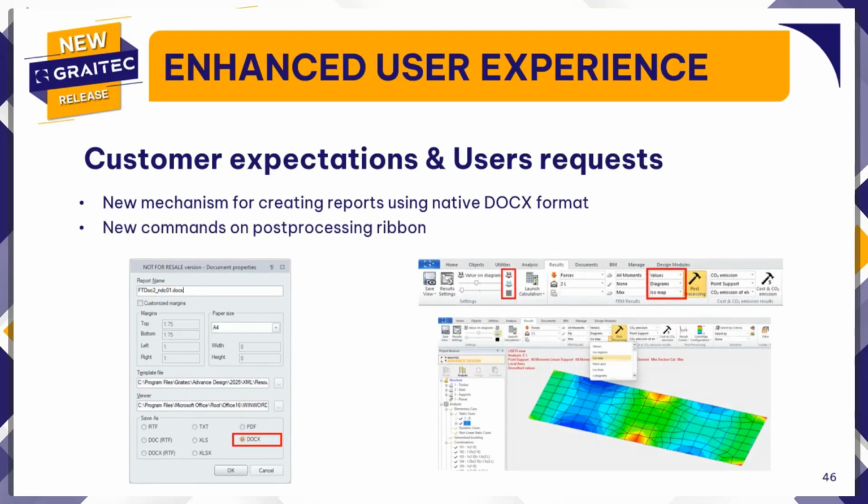The next option: starting with this release, we can easily access from the ribbon some frequently used post-processing options, including options for displaying colors and also display modes for diagrams.